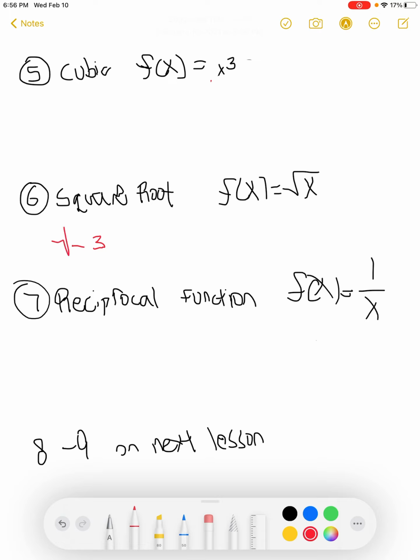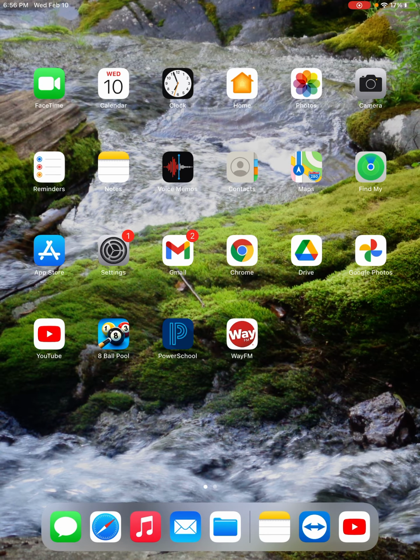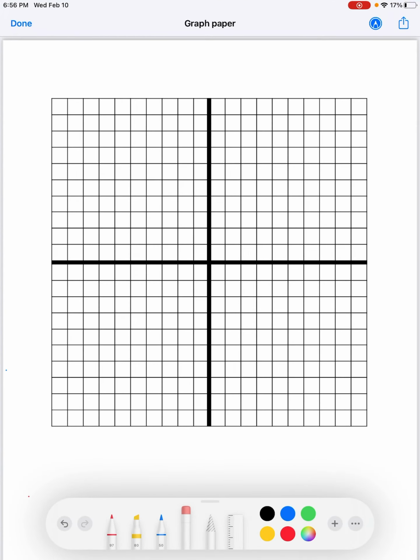What happens if you try to take the square root of -3? You get an error on your calculator because that's not possible. There's no square roots of negative numbers. So you would just have to say imaginary, because that's not a thing. So that's why. So let's look on the graph and see what this looks like. Okay, so square root of 0 is 0, so 0, 0.